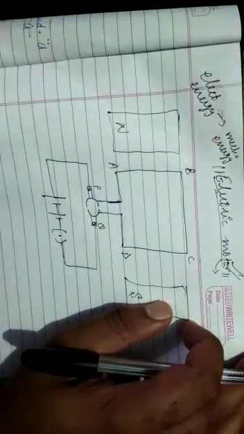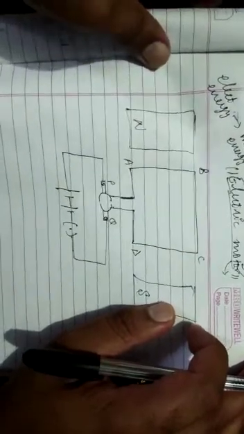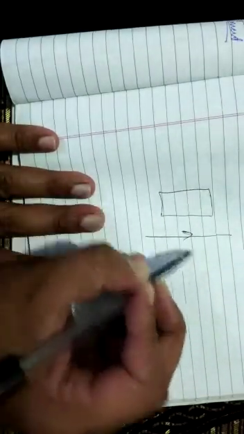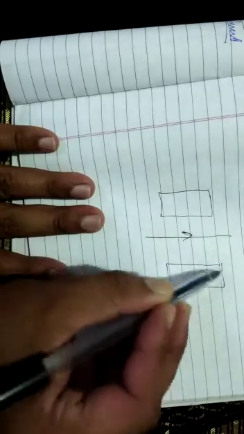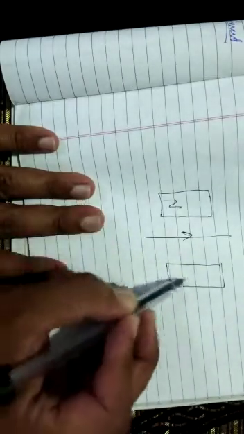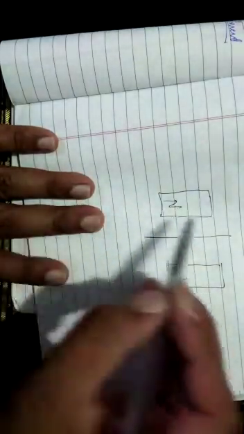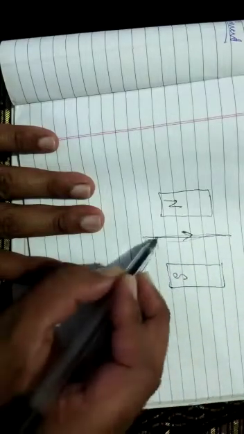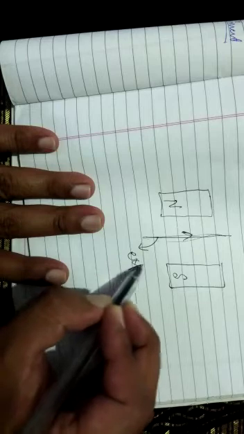If you followed my previous video, you might have heard the concept which I explained there. The concept was that whenever a current carrying conductor is placed in a magnetic field, it experiences some force.